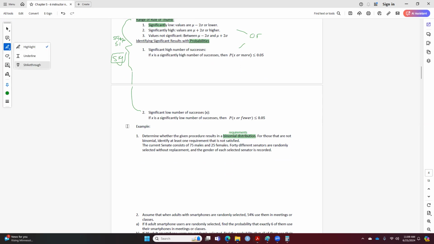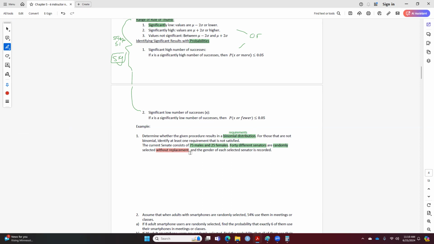The question says the current Senate has 75 males and 25 females. 40 different senators are randomly selected without replacement. This is a big keyword. If you have this on your tests, make sure you highlight or underline that word. The gender of each selected senator is recorded.